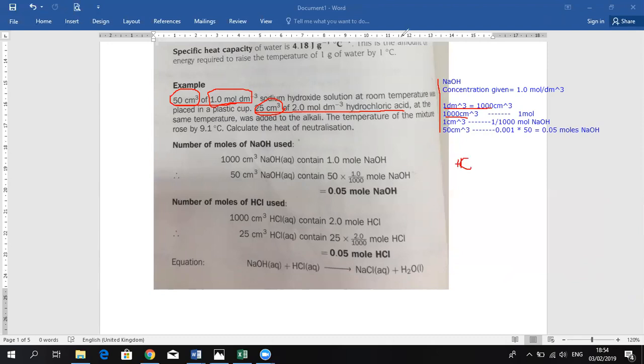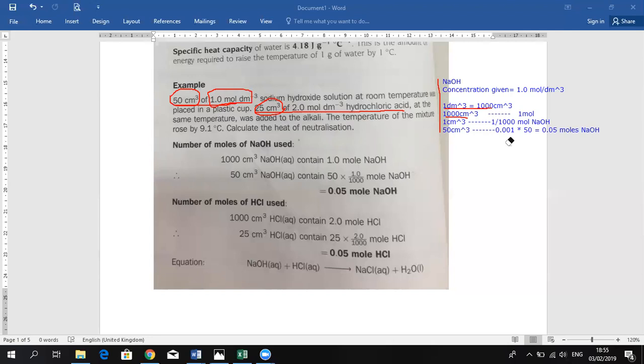Sir? Yeah? What's the difference between the concentration and what we found before, the 0.05 moles? Right, so the concentration is the amount of the substance in 1,000 or 1 dm cube of solution. Okay. So it's a standard. So when you're talking concentration, you're talking basically like the molarity of the solution.